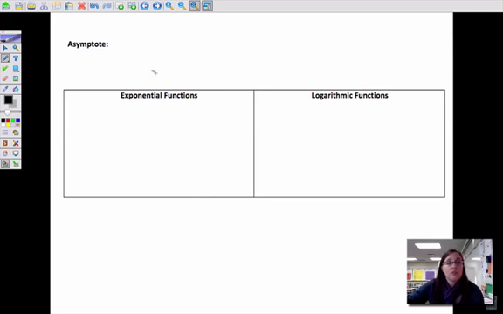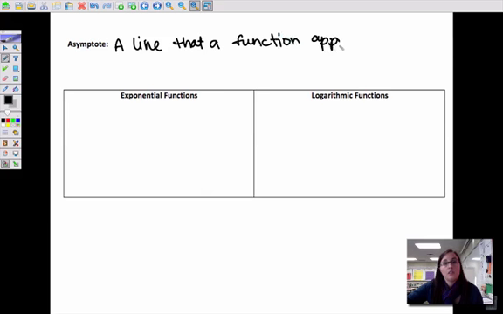So one new vocabulary word is the asymptote. An asymptote is a straight line that a function approaches but never reaches.